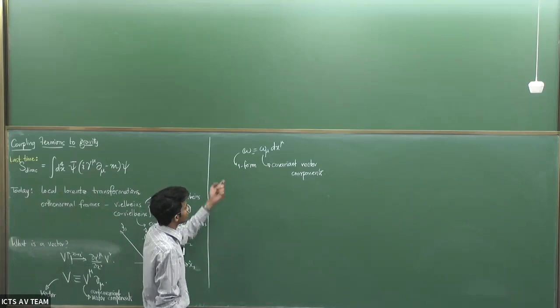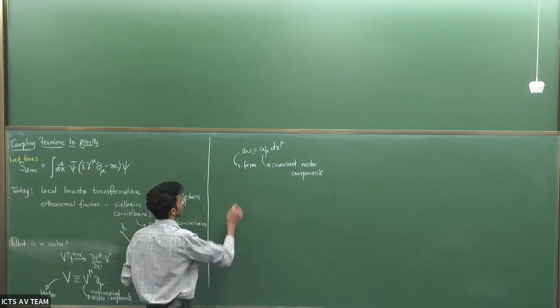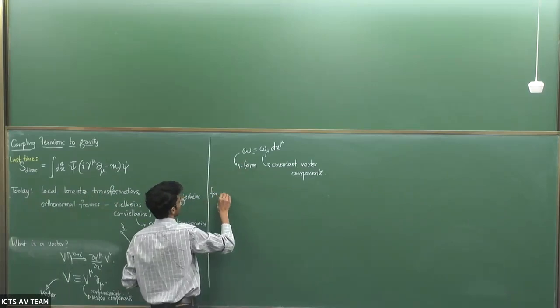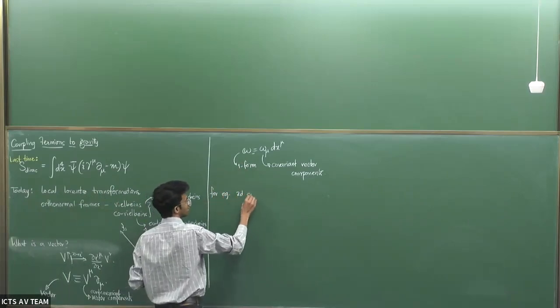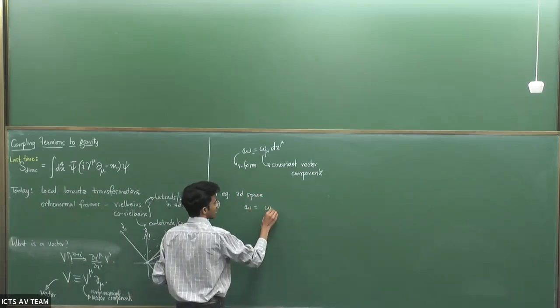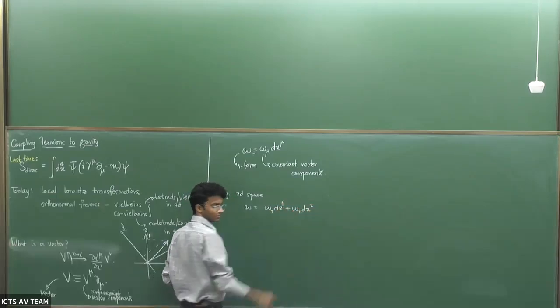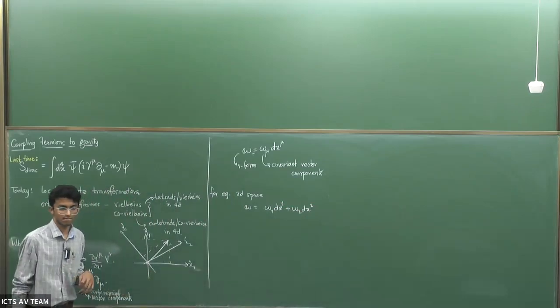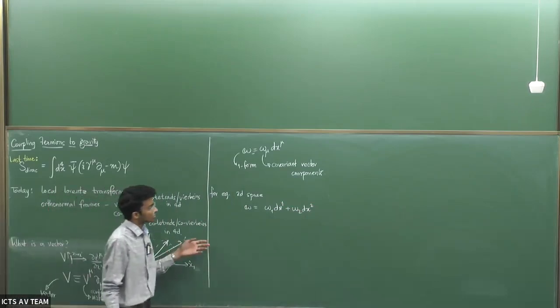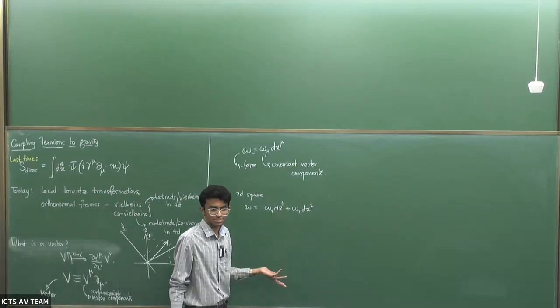So now you notice something very interesting, right? For example, let's just do 2-dimensional space. I can write a one form as omega_1 dx^1 plus omega_2 dx^2. Okay. But this shows that these are components in this basis. I can change basis, right?